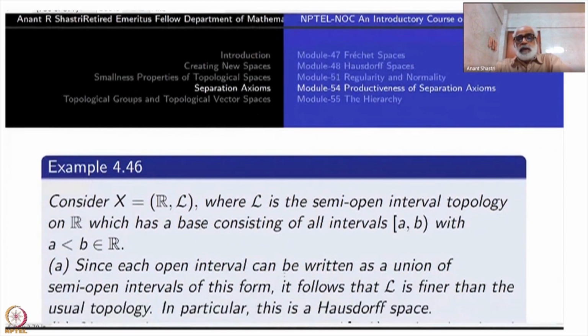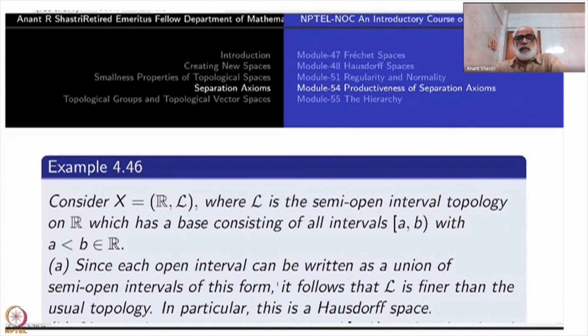Each open interval can be written as a union of semi-open intervals of this form, right? Suppose you want to write open (a, b), then all I have to do is the union over all n of closed [a + 1/n, b), which will be equal to open (a, b), right?